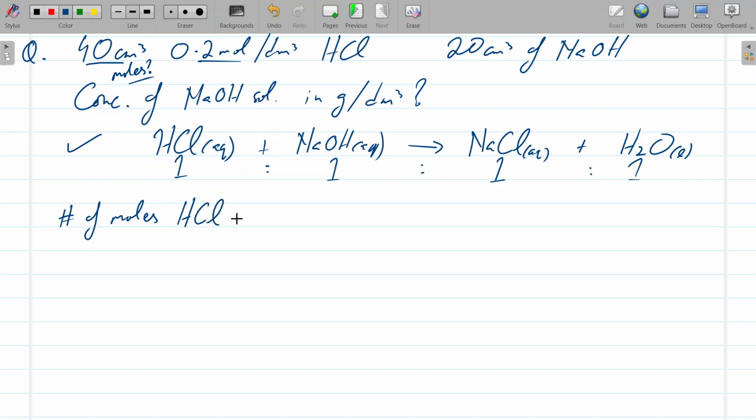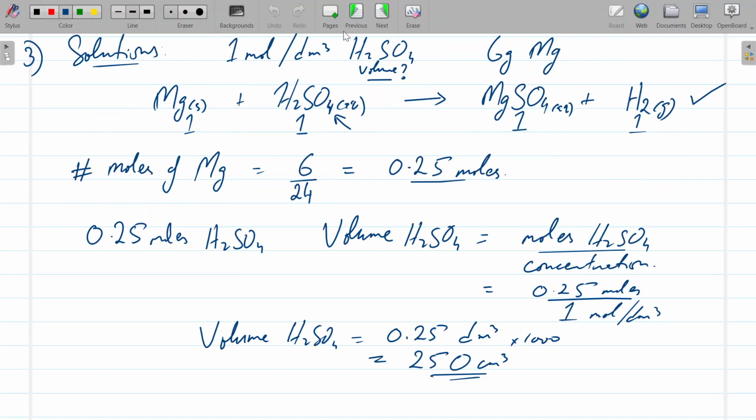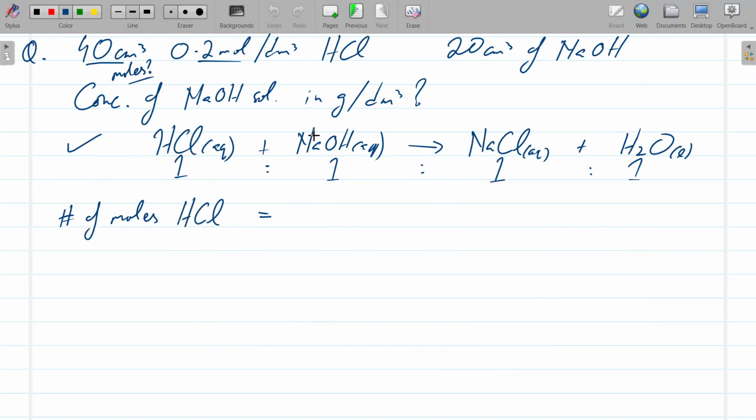So how do we get the number of moles of HCl? Why are you taking guesses? Here's the formula. Number of moles, if you move this around, is volume times concentration, right? And the volume needs to be in dm cube.